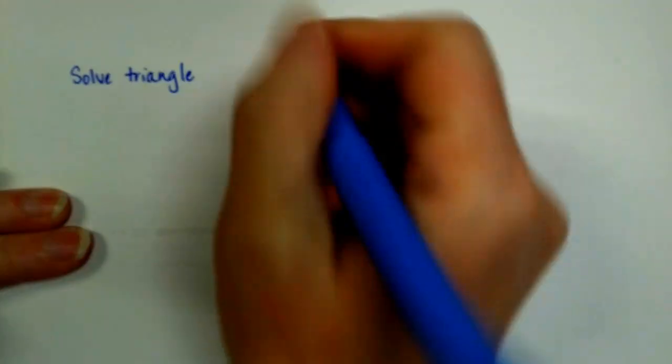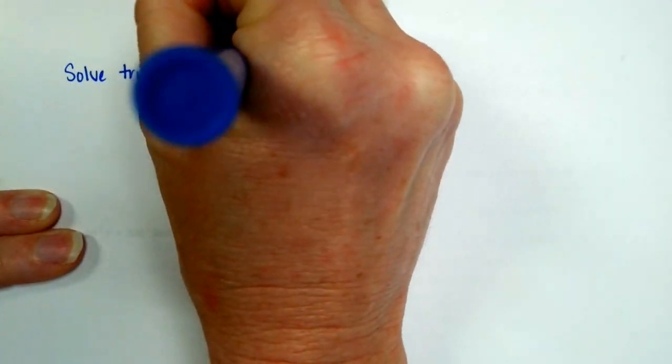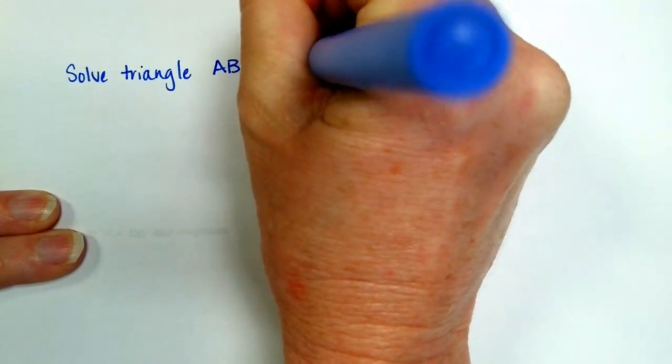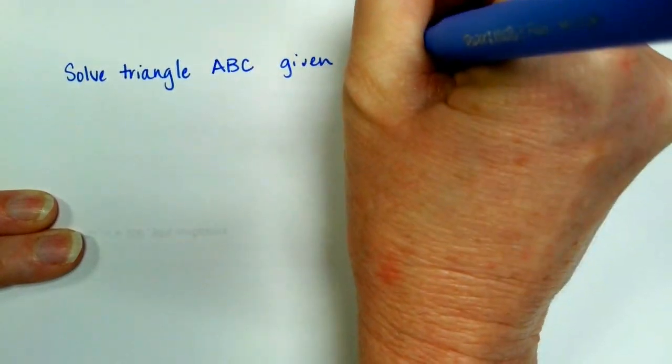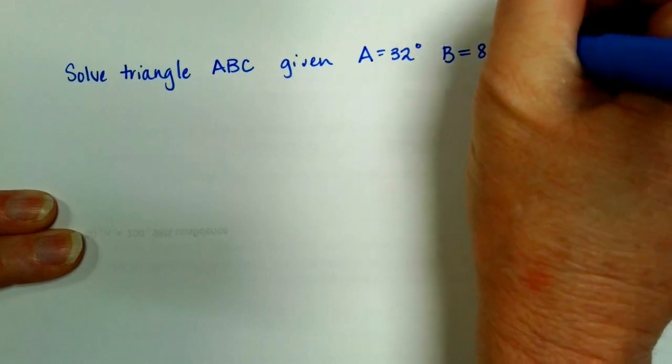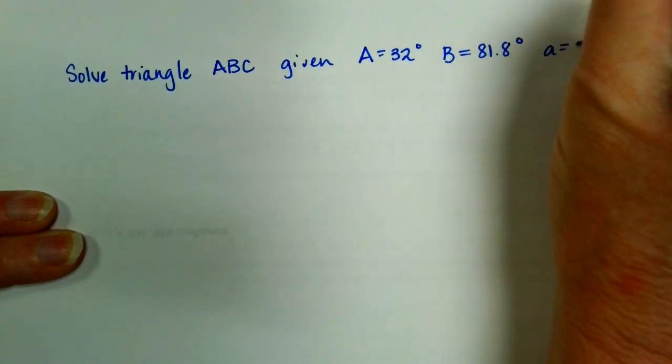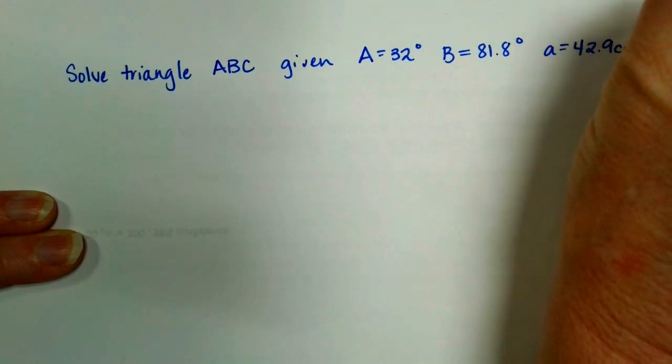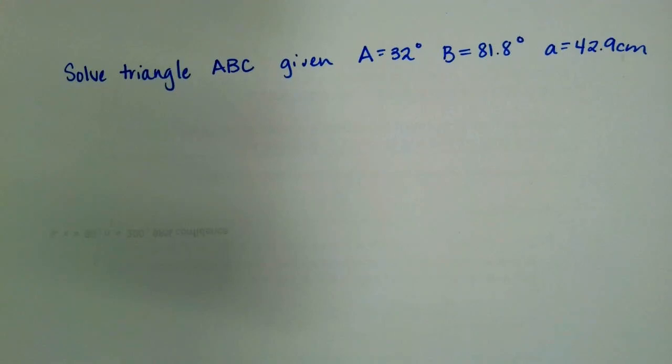Now, there are a couple of things that have to be true in order to use law of sines. So let's look at an example. All right, we're going to solve triangle ABC. Okay, so remember when they use the terminology solve.